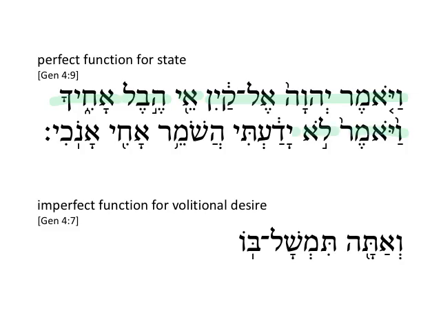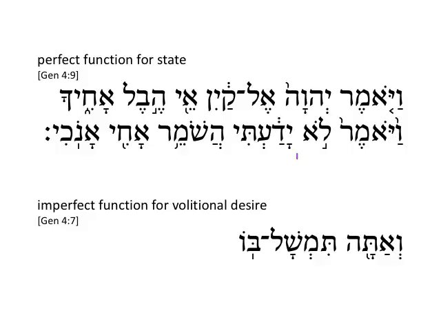Vayomer lo yadati ha hoshamer achi anochi. Briefly, the Lord said to Cain, where is Abel, your brother? And he said, well, it's negative, I do not know. And here's an interrogative marker: Am I the keeper of my brother?